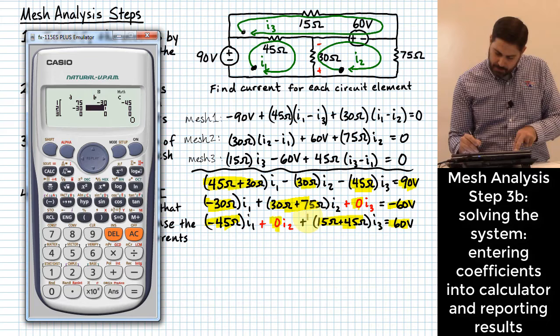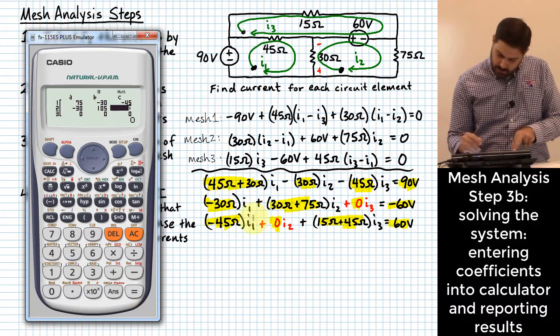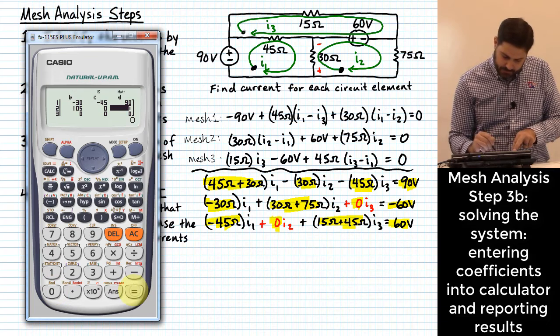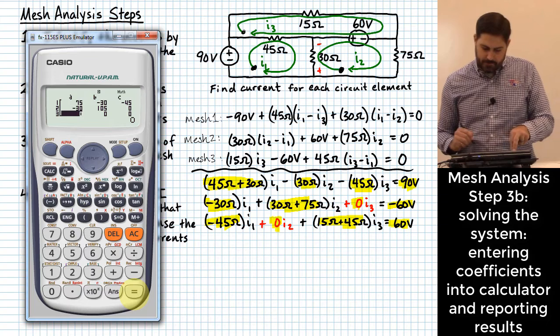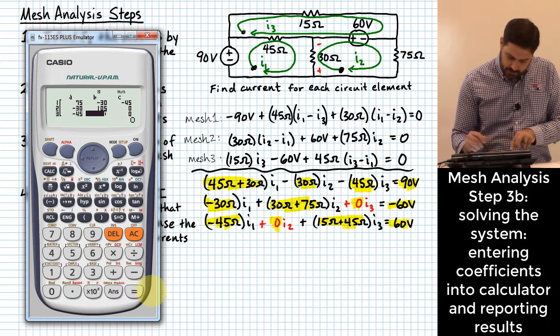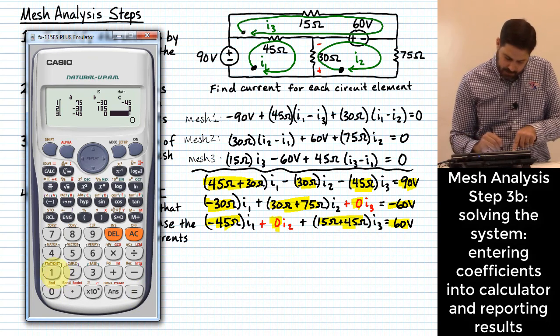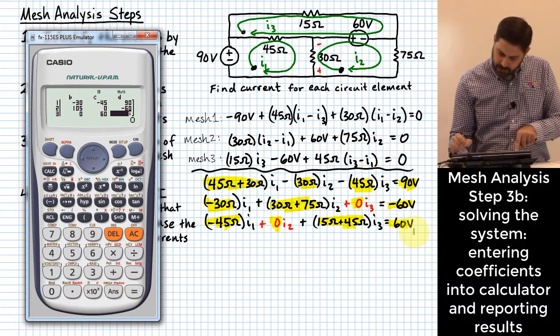Here I've got 30 plus 75. Here I've got 0. And then lastly I've got negative 60. Okay. The last equation I've got negative 45, 0, 15 plus 45, and then 60.